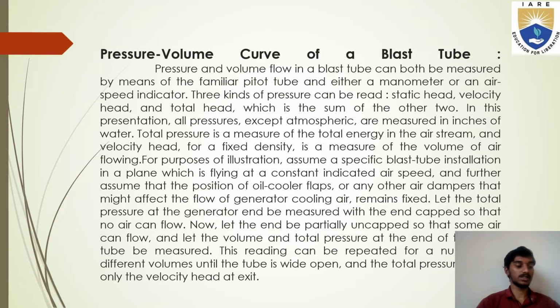Let the total pressure at the generator end be measured with an end cap so that no air can flow. Now let the end be partially uncapped so that some air can flow, and let the volume and total pressure at the end of the blast tube be measured. This reading can be repeated for a number of different volumes until the tube is wide open and total pressure is then only the velocity head at exit.